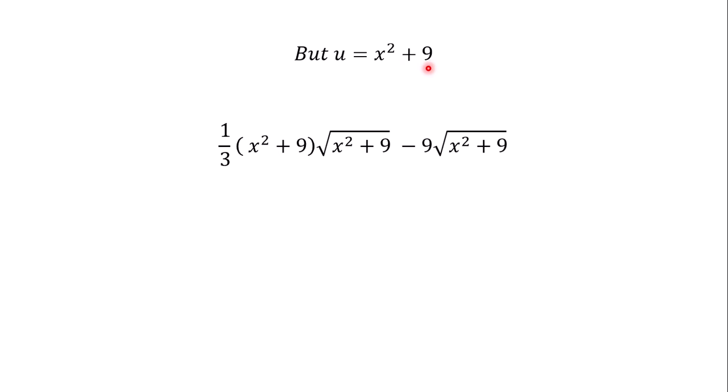Okay, so here it was u multiplied by square root of u. Replacing it with x squared plus 9 is going to give us x squared plus 9 multiplied by square root of x squared plus 9. The same thing is here. 9 multiplied by square root of x squared plus 9.